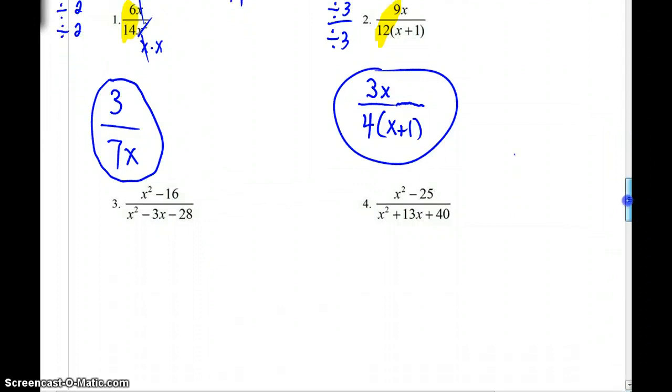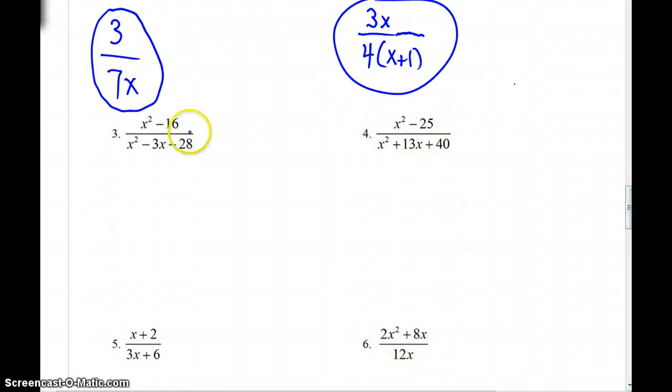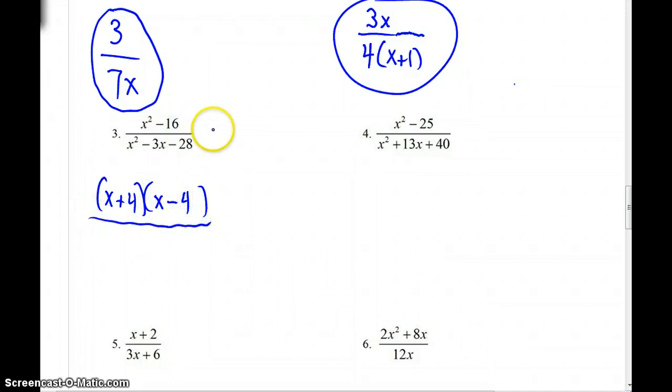All right, well, continuing on, number 3 and number 4 are far more typical. X squared minus 16, looking at the top, this would factor into x plus 4 and x minus 4. Down below, for this expression, we know that we'd have to add to negative 3 and multiply to negative 28. What numbers are going to allow us to do that?